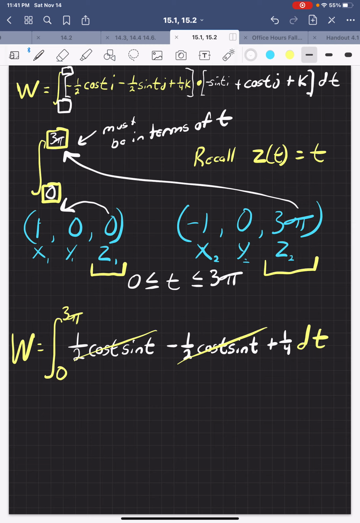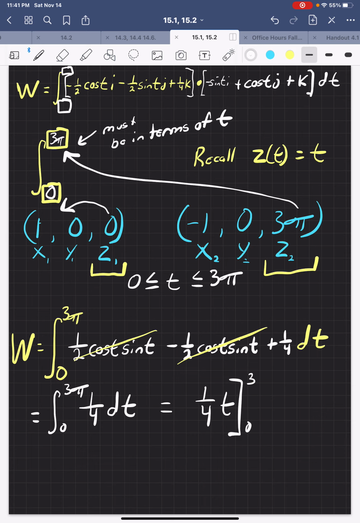So at that stage, you're just left with the integral from 0 to 3 pi. The only thing left is 1/4 dt. So easy enough. Integrate. So that's 1/4 t from 0 to 3 pi. And start plugging back in. And what you get is 3 pi over 4.